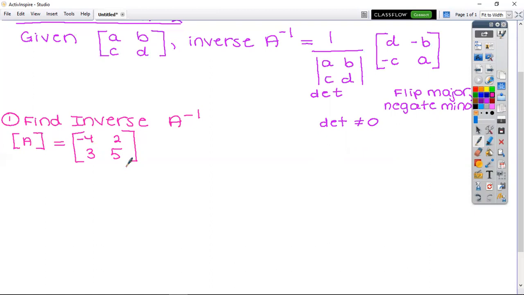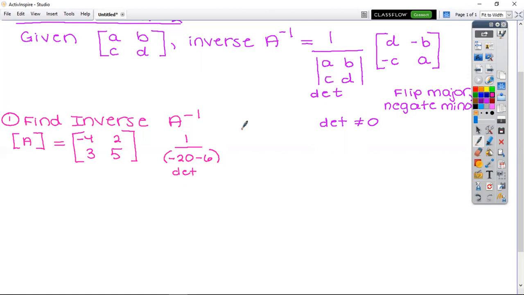And what we want to do is find the inverse. So what is the formula? The formula for the inverse is 1 divided by the determinant. To do the determinant, it's entirely up to you. You can do the work on the side somewhere, or you can just do it in your head. So my determinant would be -20 and then -6. This is your determinant.